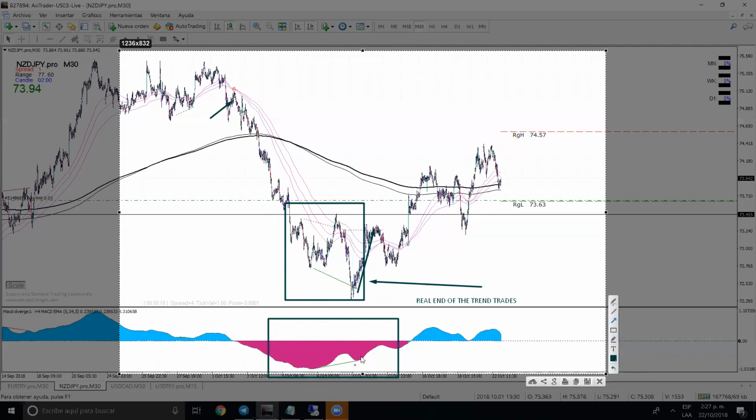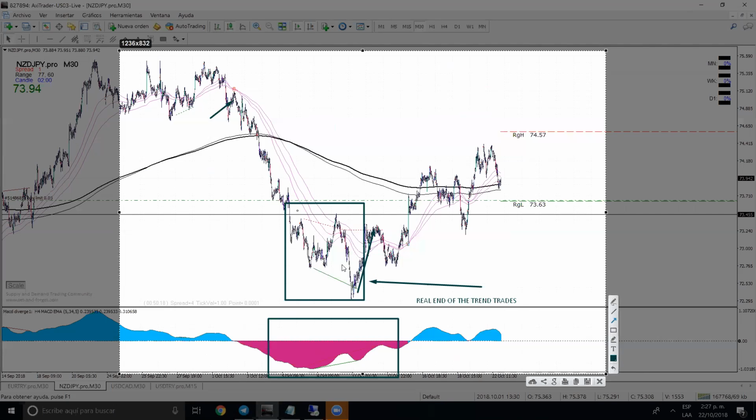So we need to identify which is the real divergence and which are the fake ones. Okay, just to try to catch the real one in a downtrend. These trades are end of the trend trades, okay?